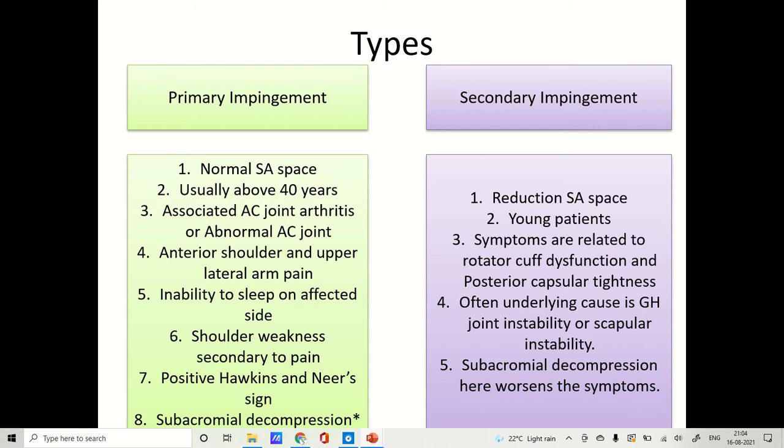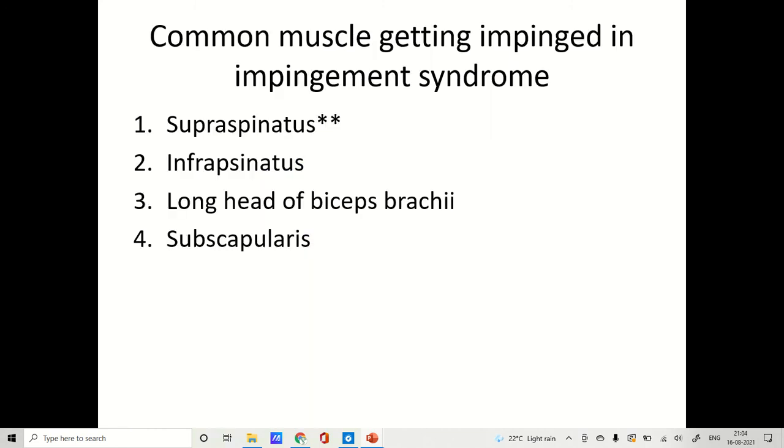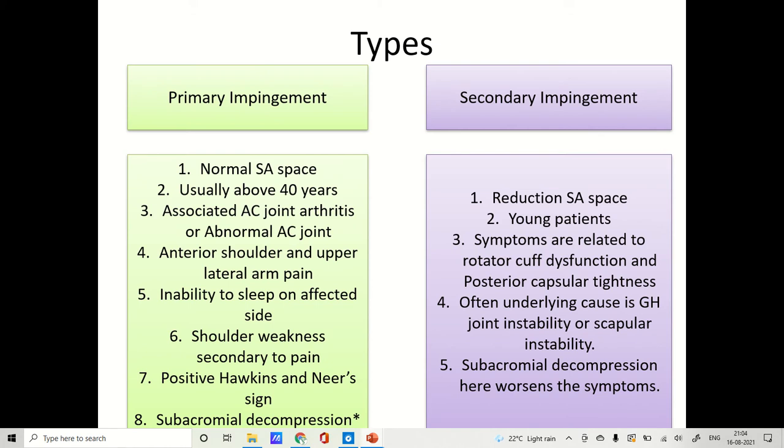Just concentrate on the primary first: normal SA space, that is your normal subacromial space. In secondary, reduced subacromial space. Primary is above 40, secondary is a young patient below 30 or 40. Primary is associated with AC joint arthritis or abnormal acromial shape. Secondary is usually associated with trauma or anything.